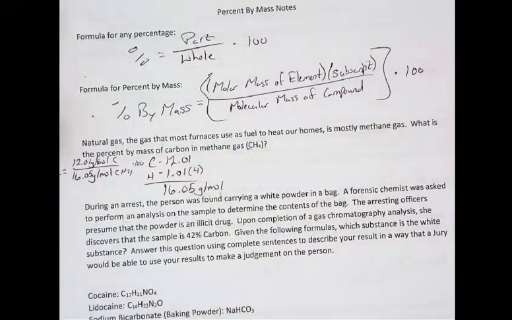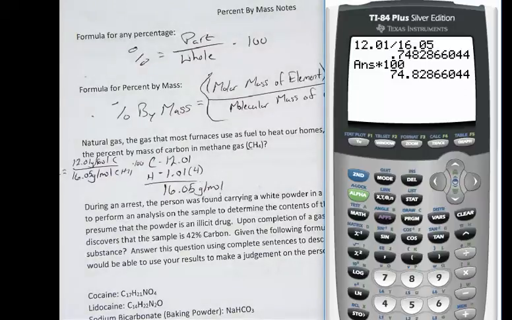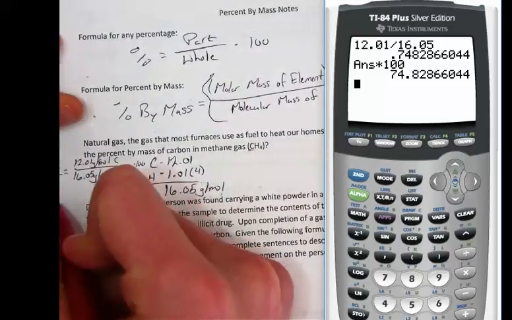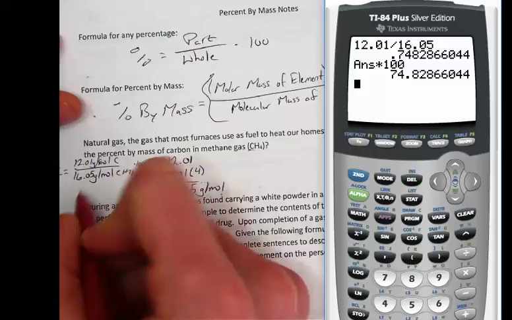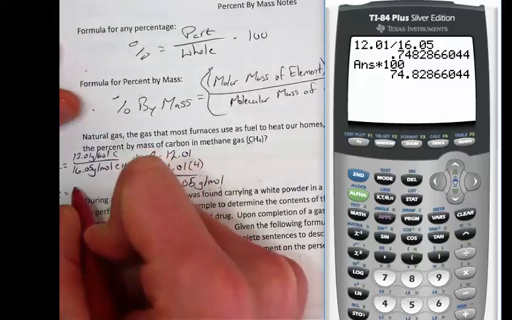So 12.01 divided by 16.05 will give us a grand total of 0.7482. Now we're going to multiply that by 100. Now our percentage will become 74.83%. So our percentage of carbon equals 74.83.